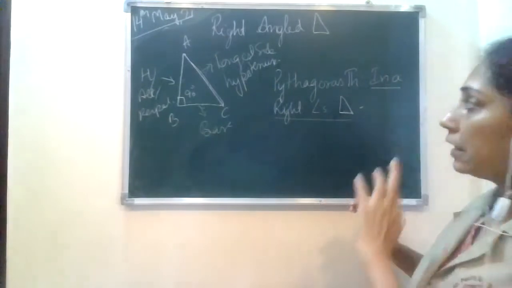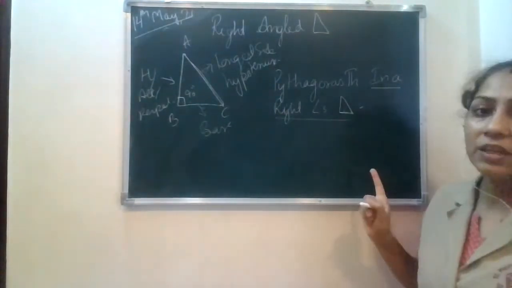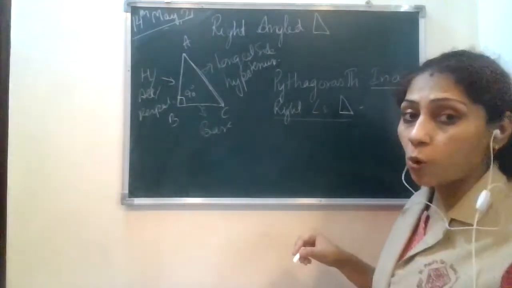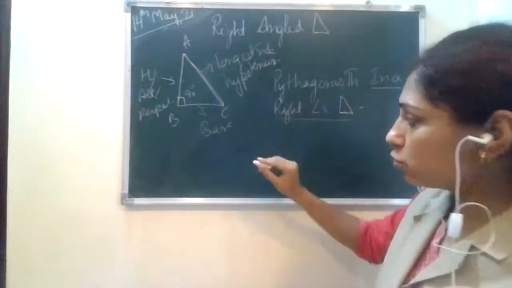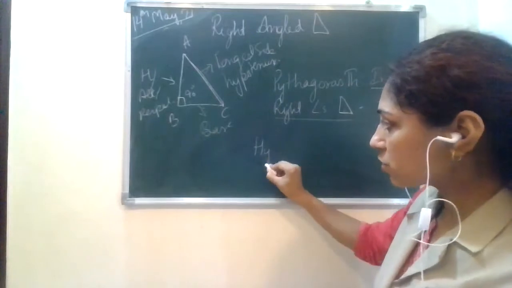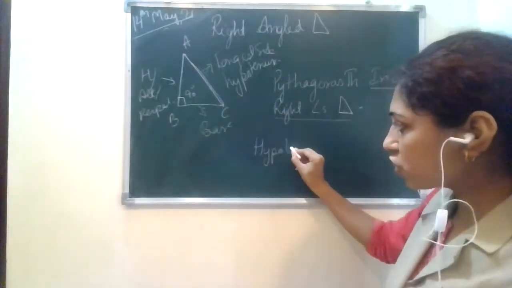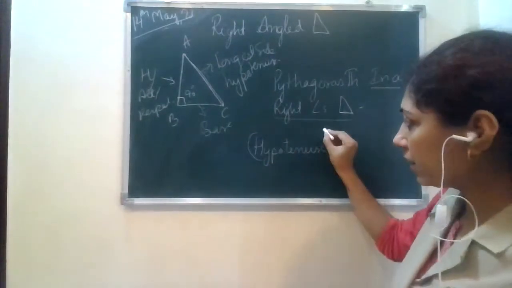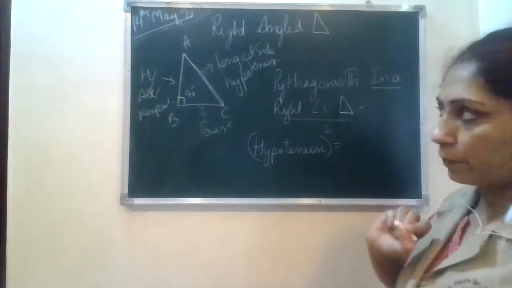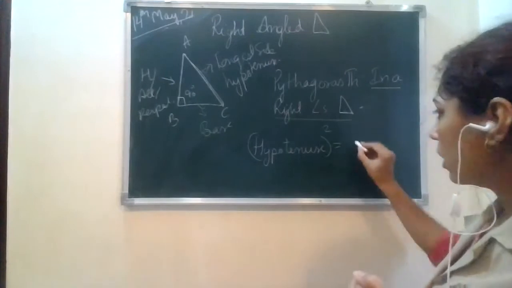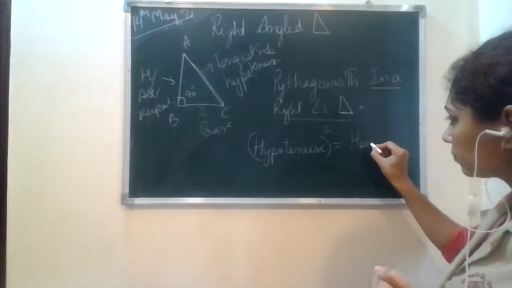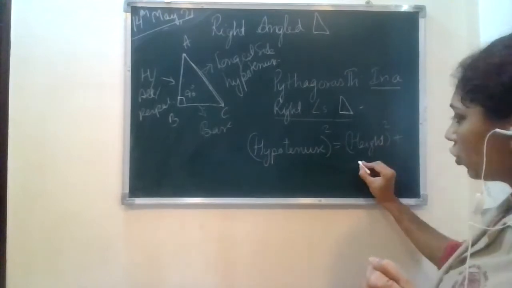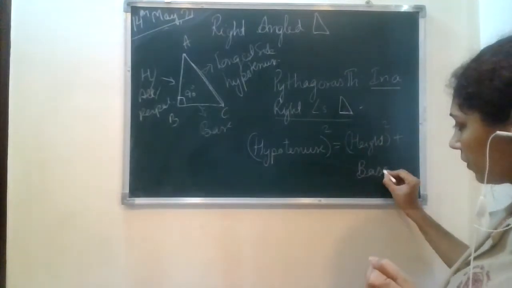Now I'm telling you what this Greek philosopher Pythagoras says. He says the longest side square, that means the hypotenuse square, I'm writing over here the relationship of the property which he has given: the hypotenuse square is equal to height square plus base square.